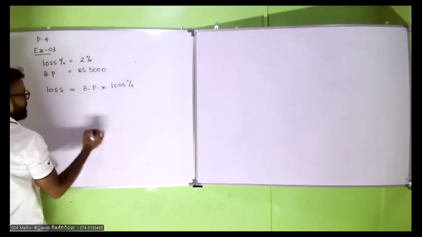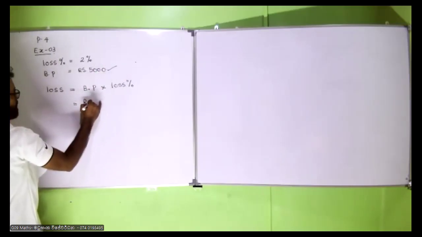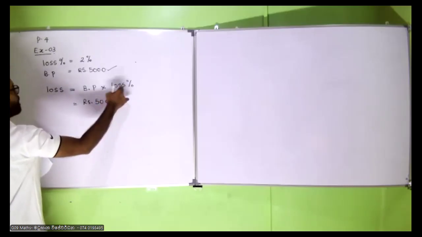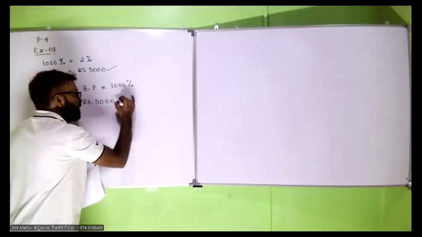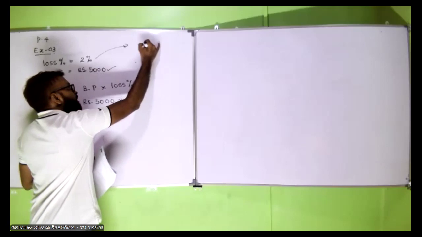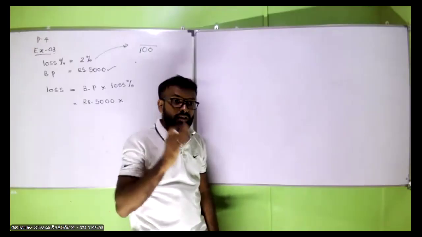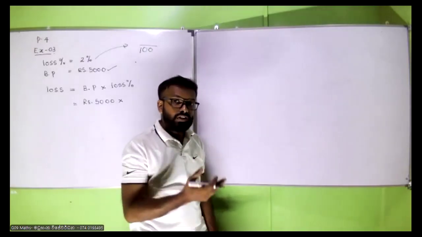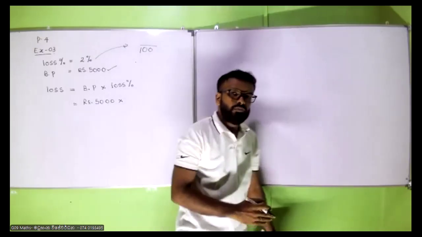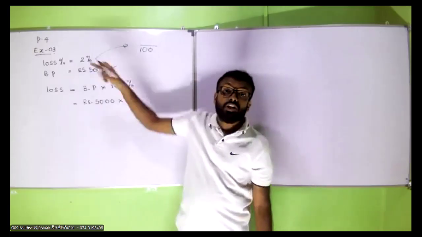Buying price is here 5,000 rupees, multiplied by the loss percentage of 2%. The meaning of 2% is that for each and every 100 rupees, we are losing 2 rupees.